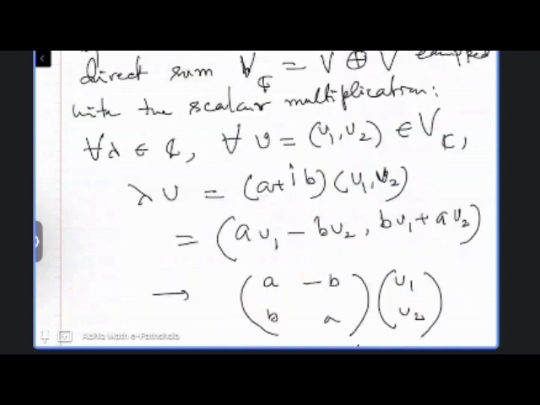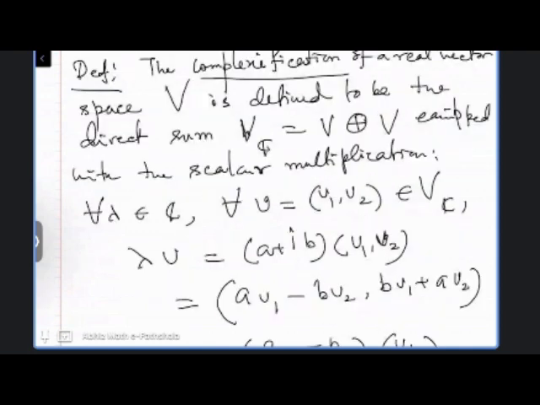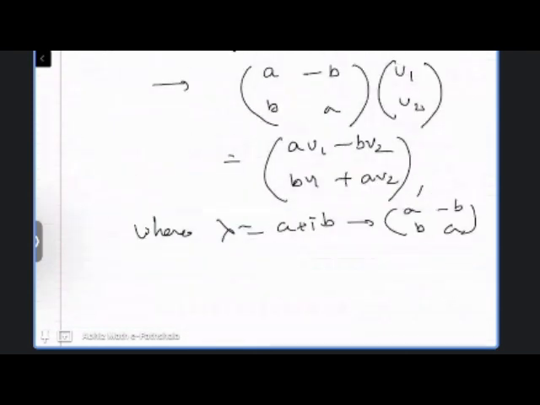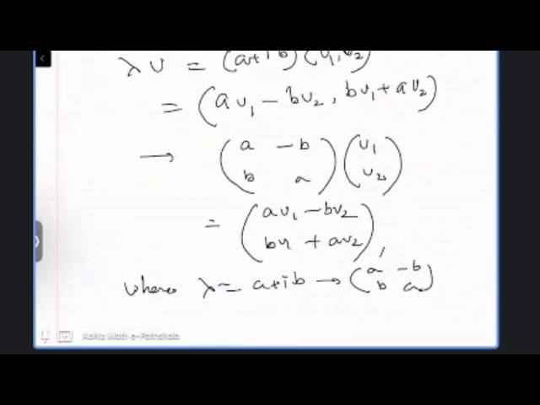Now here you have a complex number lambda, and if you think of v in terms of complex representation, that means what we have used here, this v1, v2, as a column vector.